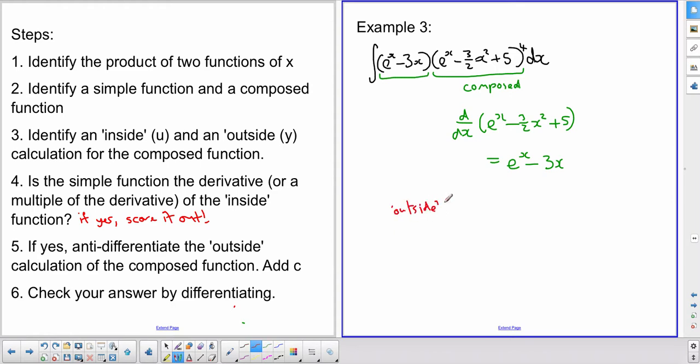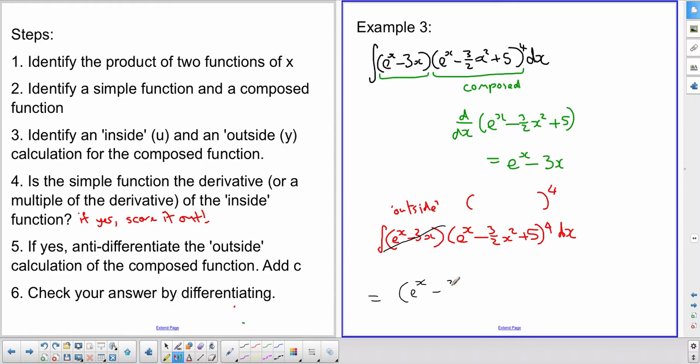So the outside part of this composed function is to raise it to the power of 4, and so to anti-differentiate the outside part would be raise it to the power of 5 and divide by 5. Let's do that. Divide by 5 plus c.